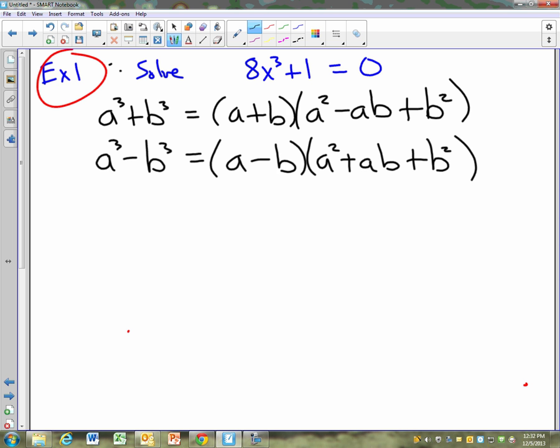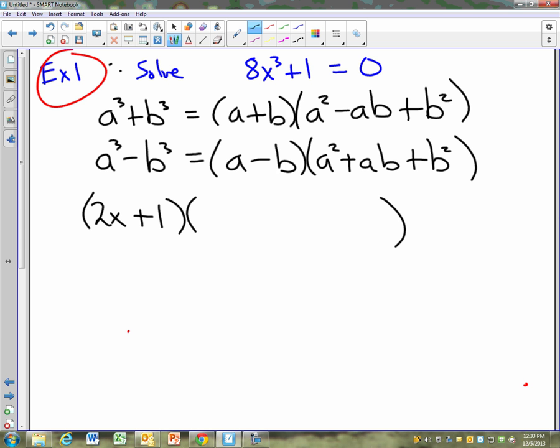So we're going to factor this as it's the sum of 2 cubes. And when I factor it, a^3 becomes a. What's the cube root of 8x^3? 2x. Then I have the cube root of b^3. What is the cube root of 1?